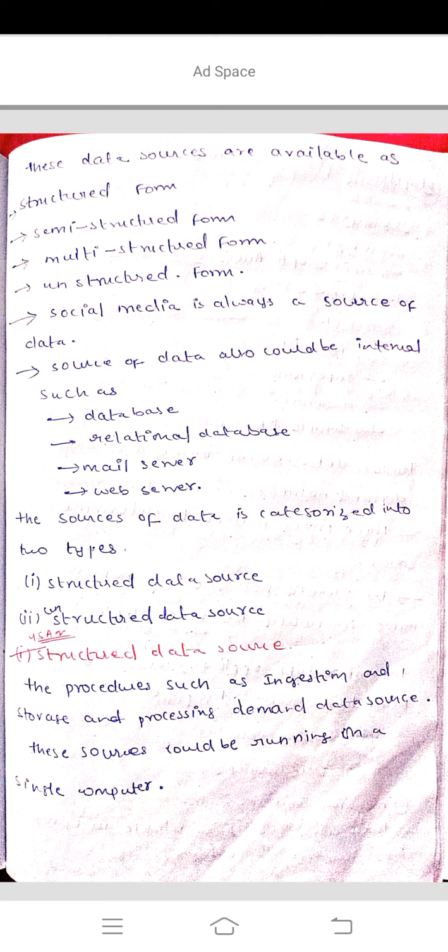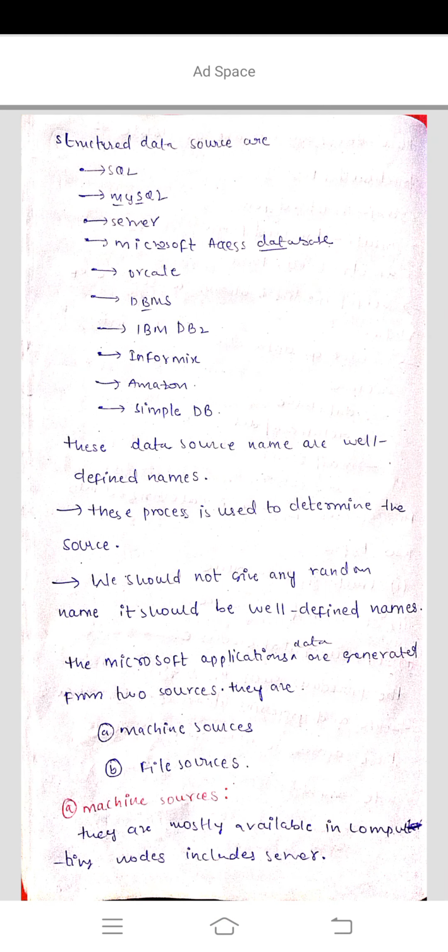These sources could be running on a single computer. The data source names are well defined names. We should not give any random name; it should be a well defined name.